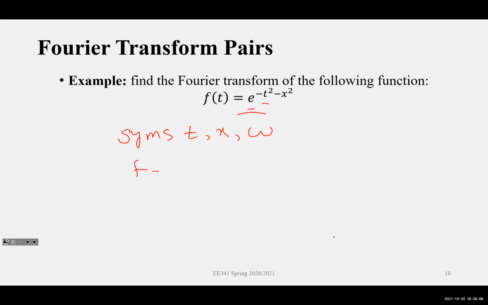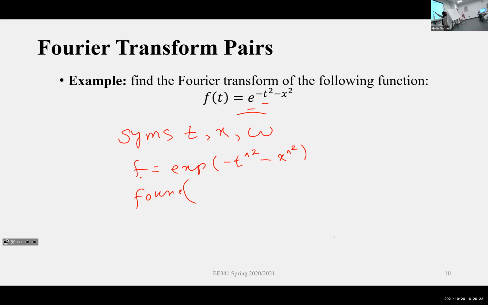Then f is equal to exp of minus t square minus x square, and then the Fourier of the function. Just three steps. First step is defining the symbolic variable, then defining the function, and then just taking the Fourier. Very simple.